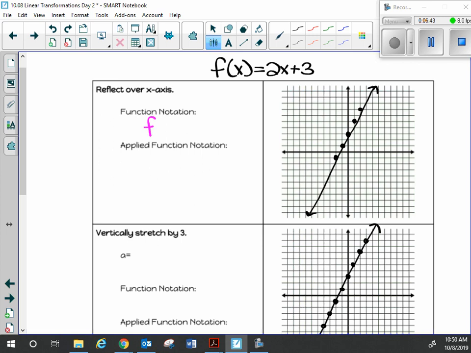Because my rule for this is that I'm changing signs, right? But outside of the parentheses, negative f of x, or it could be written as negative f of x. Same thing.